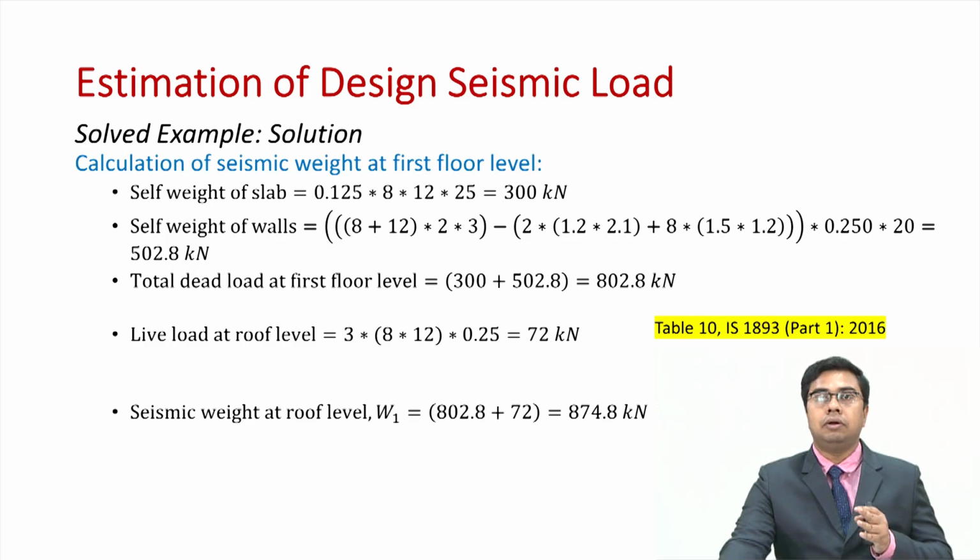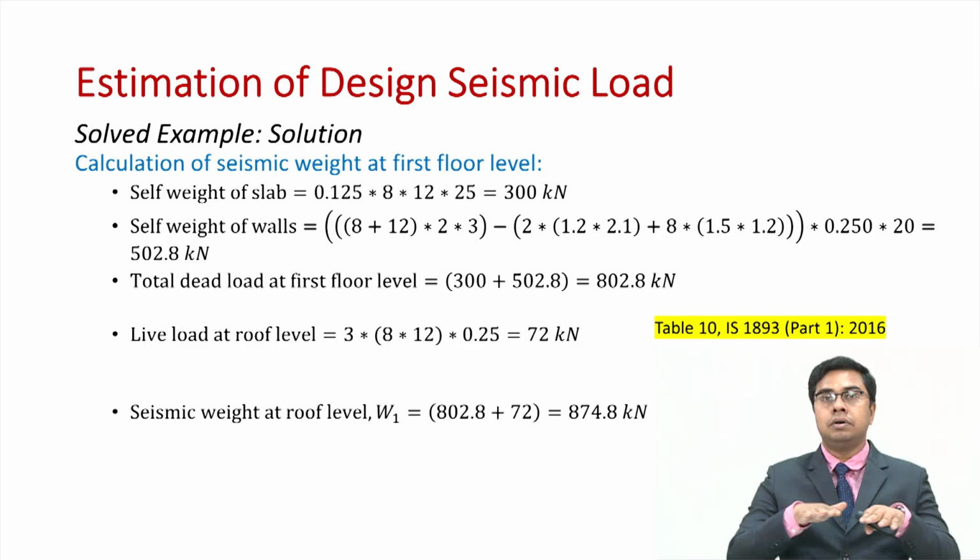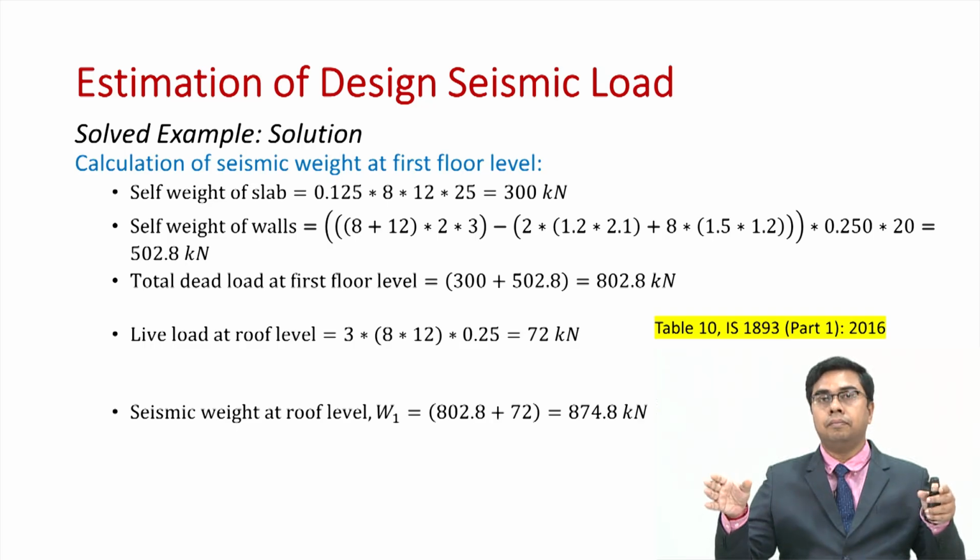At this point, I would like to reiterate that since this is a masonry building, it has RC slab spanning into the masonry walls. So, there is no concept of beams and columns in this case.